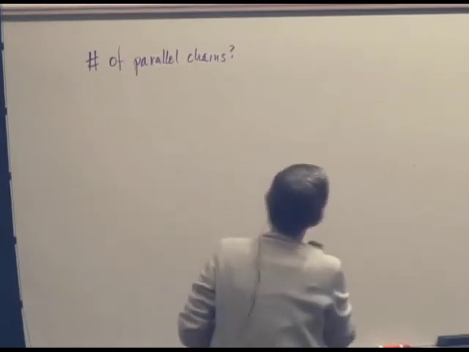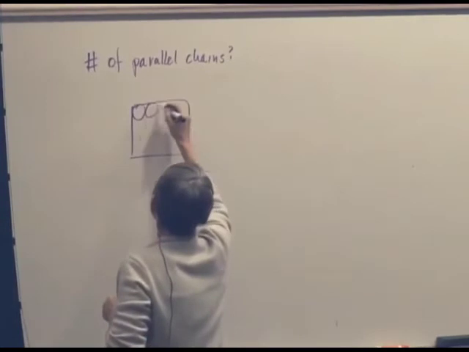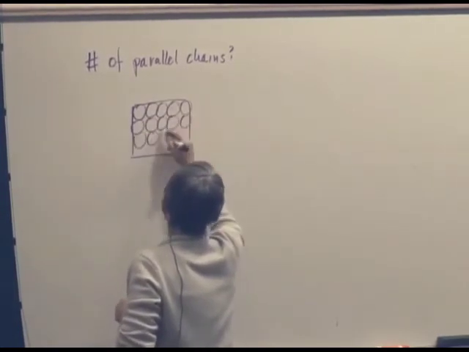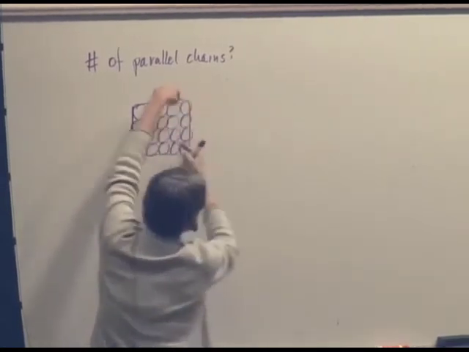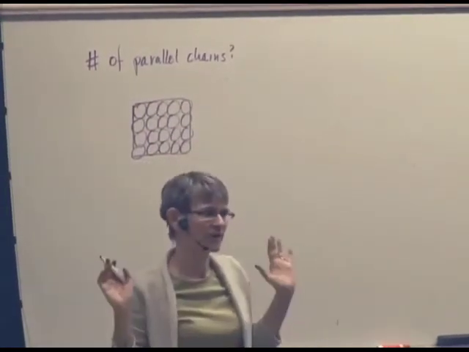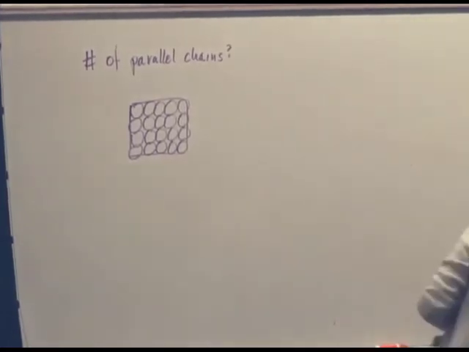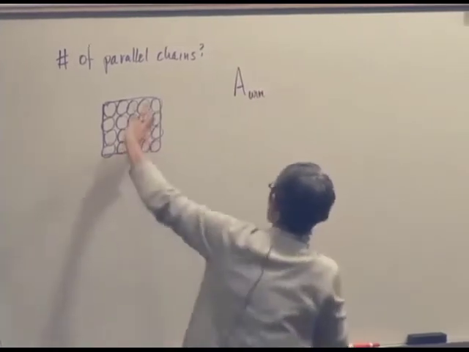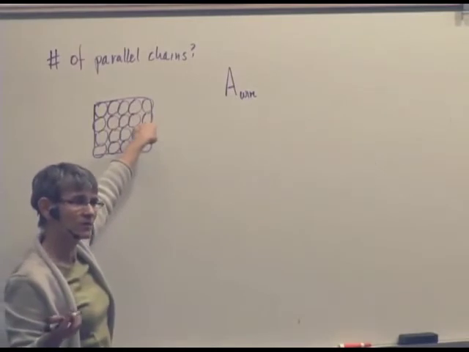So we take the wire, we look at the bottom, and we just count the number of atoms that fill up the cross-sectional area of the wire, and then we've got the number of parallel chains going up. So the cross-sectional area of the wire divided by the cross-sectional area of one atom would give us the number of chains.